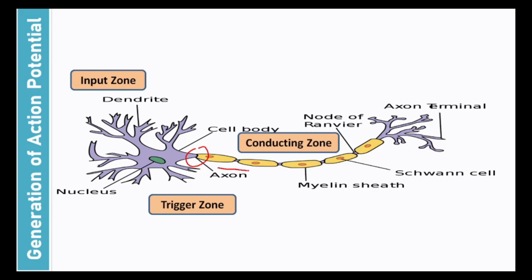This full area is the conducting zone, because the action potential is propagating through the neuron. And this is the output zone, where due to the signal, neurotransmitter is released, sending the signal to the next neuron. So this is all about the generation of action potential.